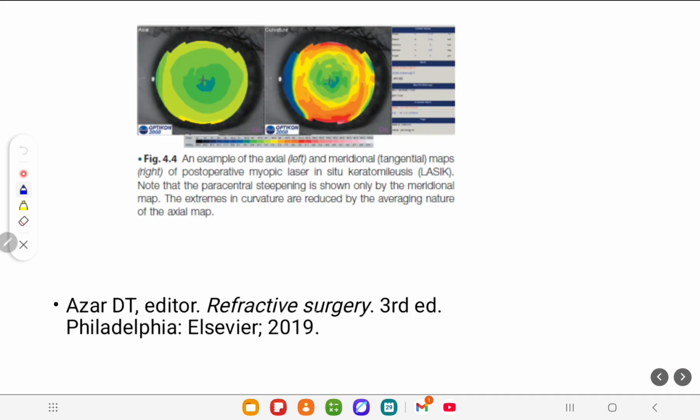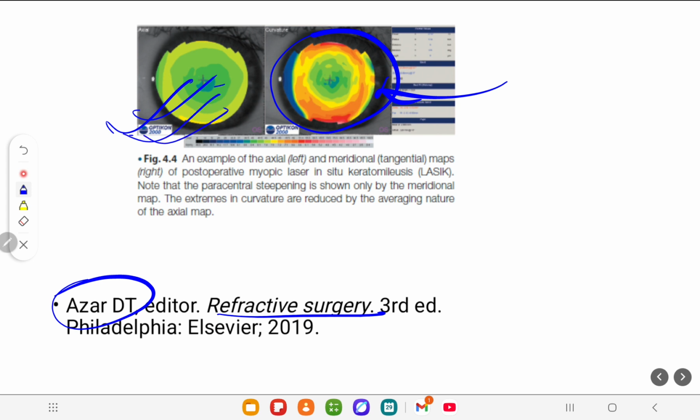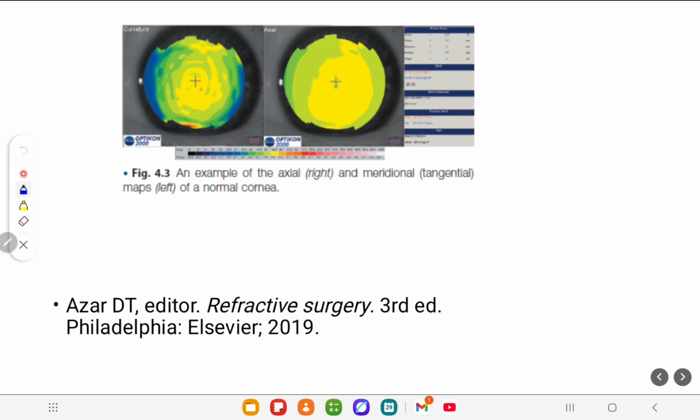I have taken this picture from the refractive surgery book by Azar. Can you see this picture is axial, and at the same time this picture is tangential? So it shows the irregularity, and at the same time it shows how smooth it is, just by moving this color. Can you see this? Yes. At the same time this is the same thing. So see, what is this?